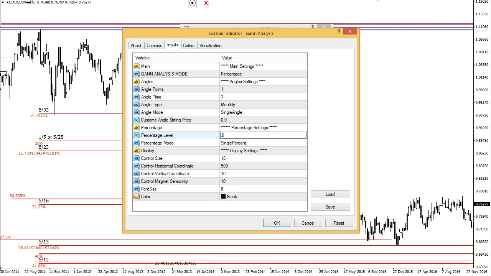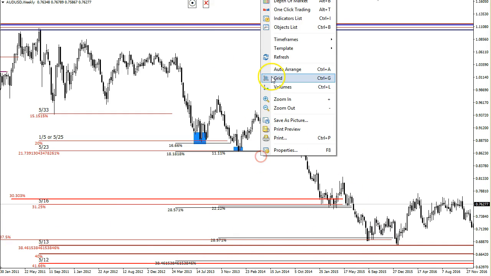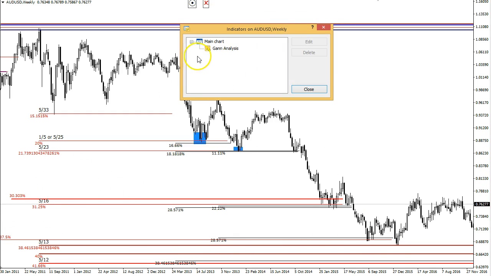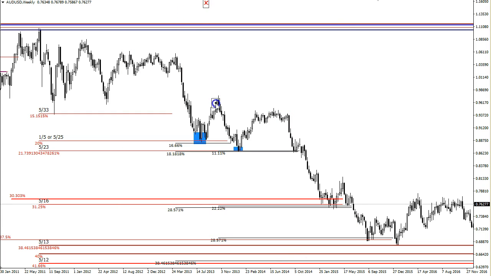Next percentage that I should use is 28.571, as we understand from the history that it did stop the market before. We can see that it was with the 37.5, and we understand here that 31.25 is valuable for us now.